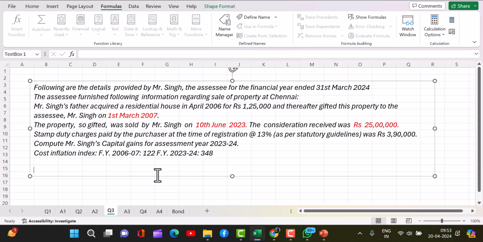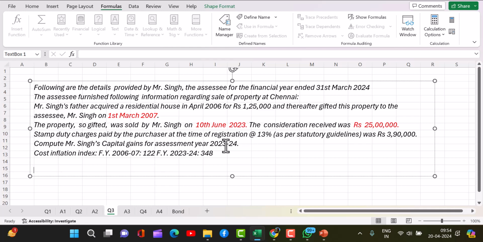The property so gifted was sold by Mr. Singh on 10th June 2023. The consideration received was 25 lakhs. Stamp duty charges paid by the purchaser at the time of registration at the rate of 13% as per statutory guidelines was rupees 3,90,000. Compute Mr. Singh's capital gain for assessment year 2023-24.